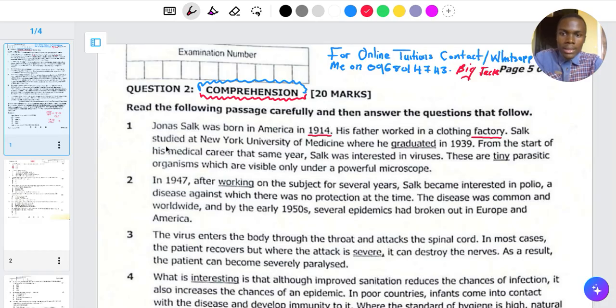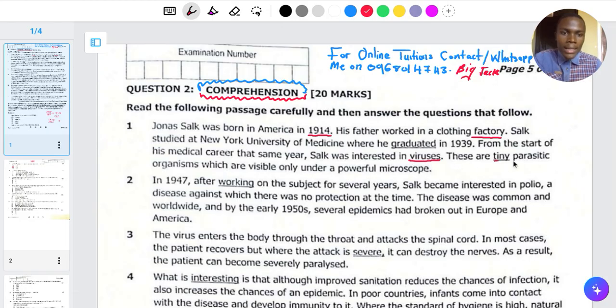Salk studied at New York University of Medicine, where he graduated in 1939. From the start of his medical career, that same year, Salk was interested in viruses.